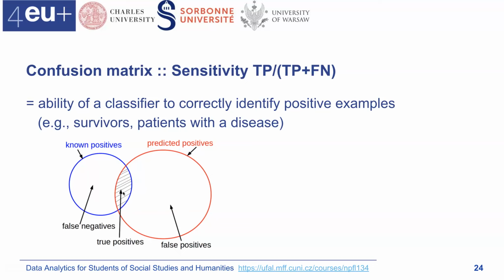So here in the intersection of these two sets, these are true positives, right? So correctly classified true positives. And here we read the false negatives and false positives. Right? And the sensitivity or recall is the ratio of true positives. So it means the intersection of these two sets versus the true positives plus false negatives, right? So the ability to correctly identify positive examples.